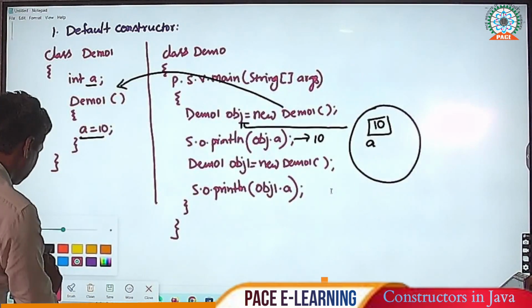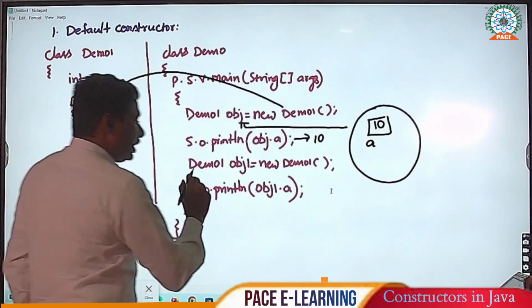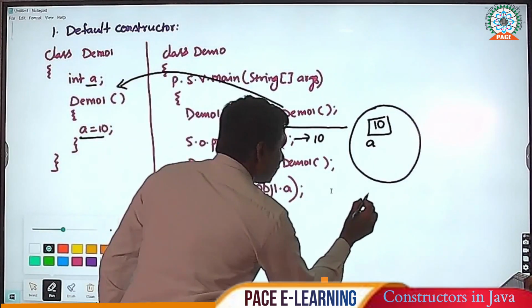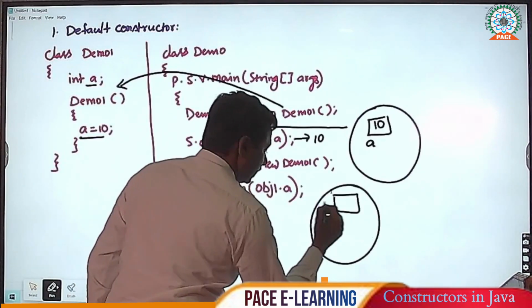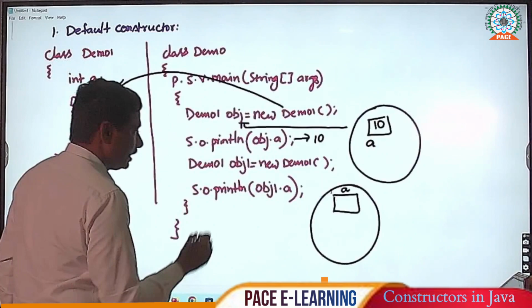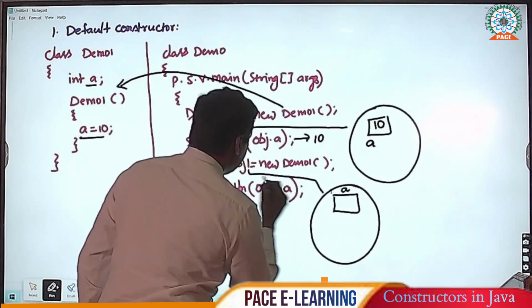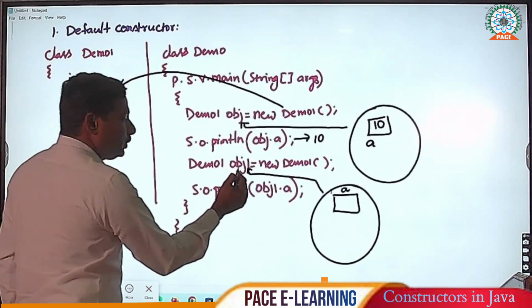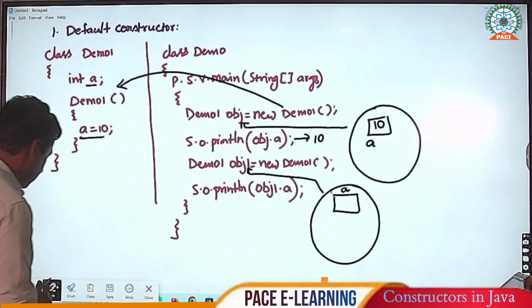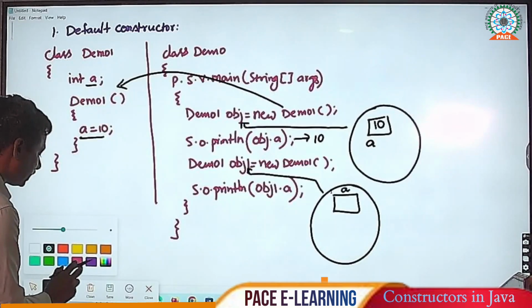What is happening here now? Here I am creating one more object, means memory will be created. What are the class members? Here there is A. The reference will be given to this obj1. Whenever the obj1 object is created, automatically it will call the constructor.